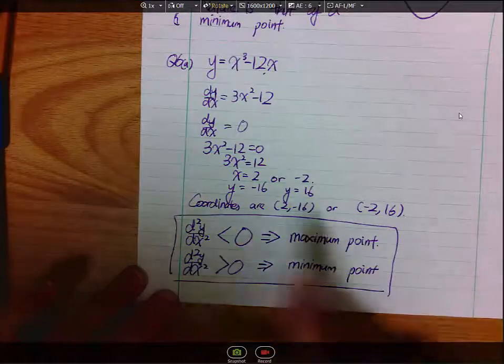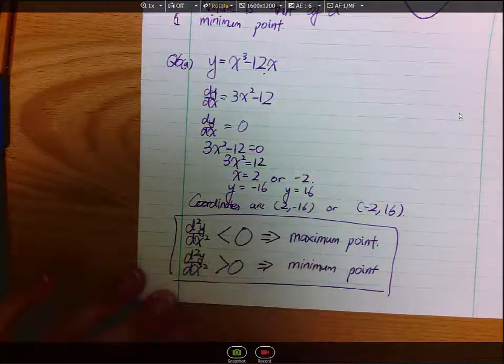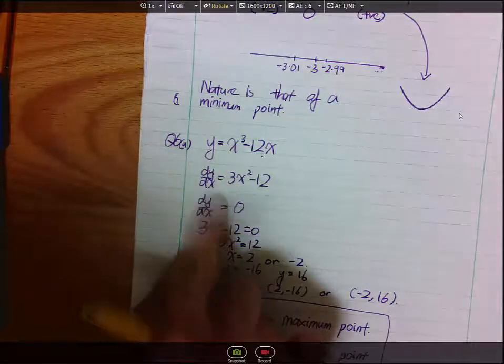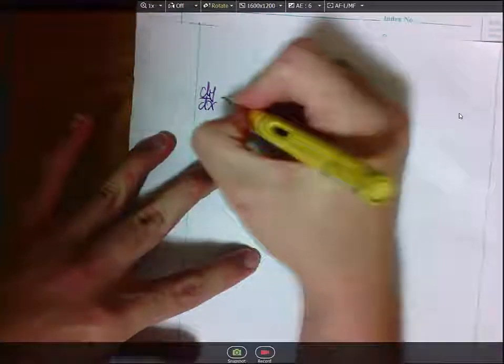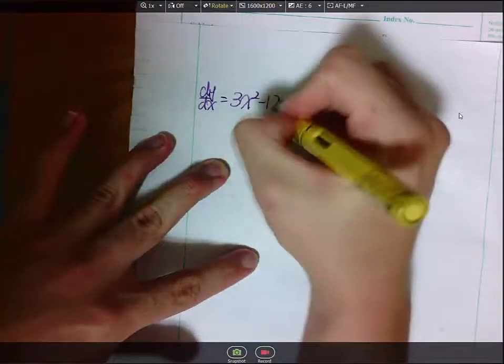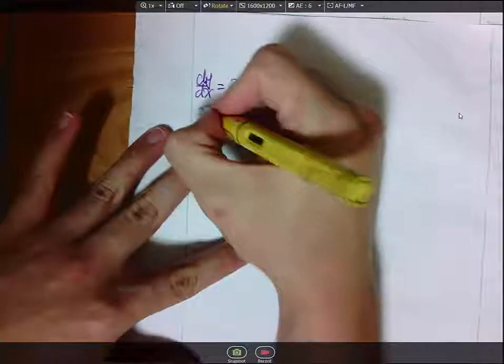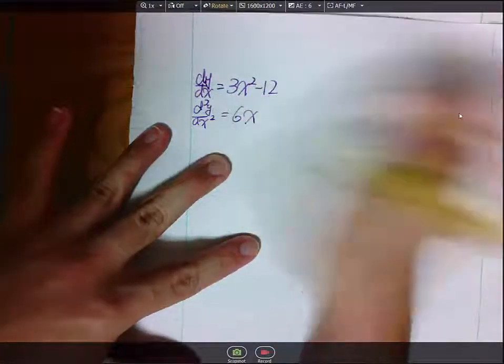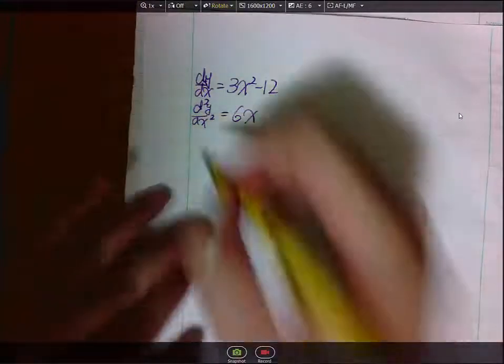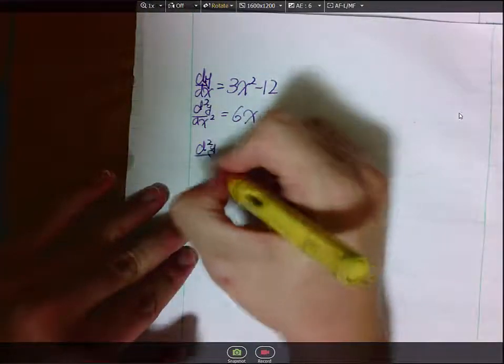Now bear in mind x equals 2 and x equals negative 2. From here I find my second derivative. So dy dx is equal to 3x squared minus 12. If I find my second derivative, I get 6x. Now I test for both points.